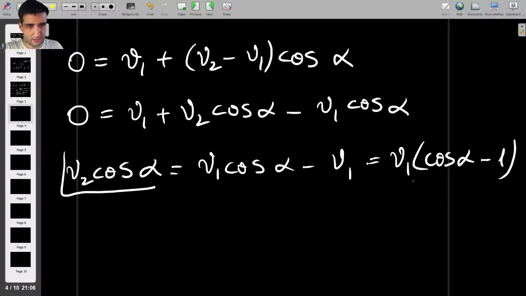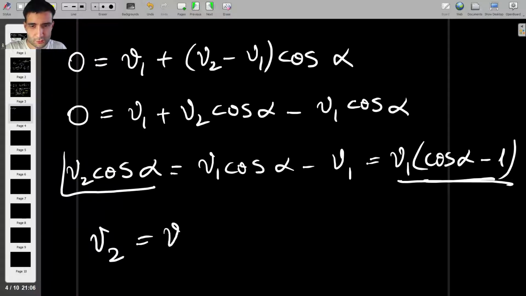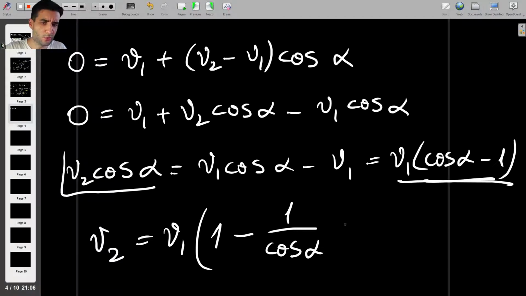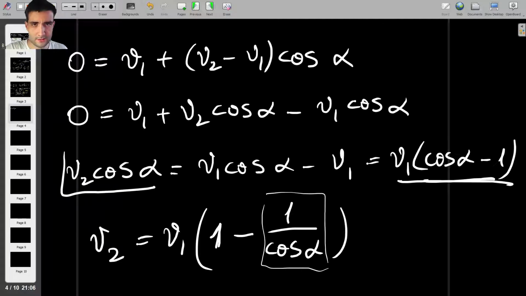And if we divide by cosine alpha on both sides, I'll get that v2 is equal to v1, and in the brackets we have 1 minus 1 over cosine alpha. Now you'll notice something interesting here, which is this term is a 1, and this is 1 over cosine.